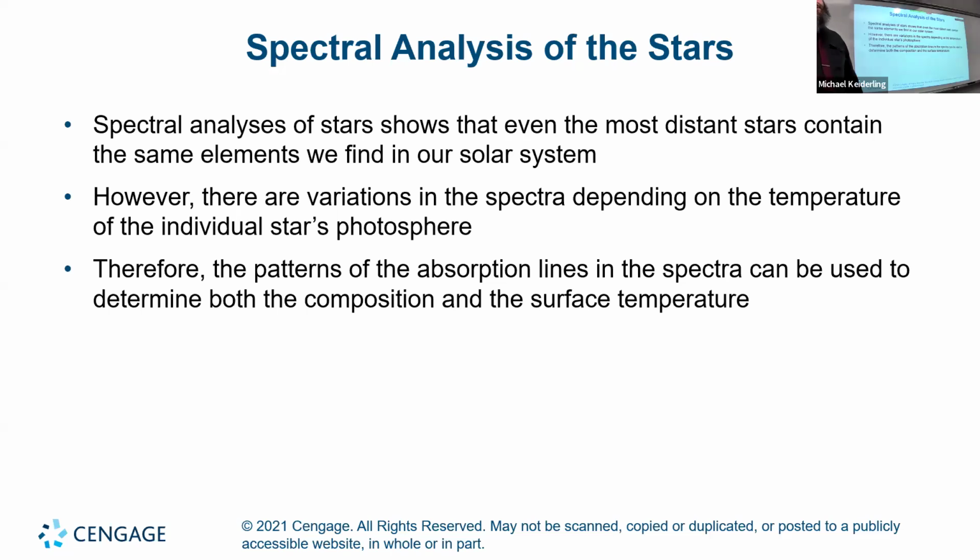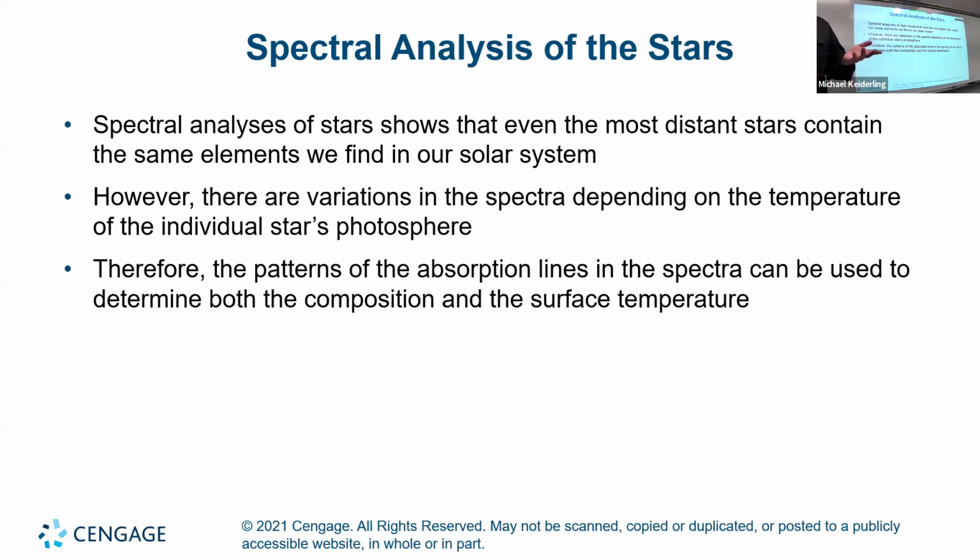However, there are variations in the spectra that depend on the temperature of the individual star's photosphere. Basically, different spectral lines get excited or emphasized depending on the temperature. So the pattern of the absorption lines in the spectra can be used to determine both the composition of the star and its surface temperature.